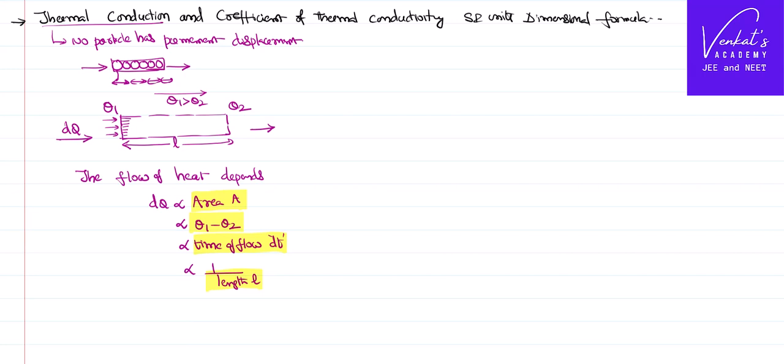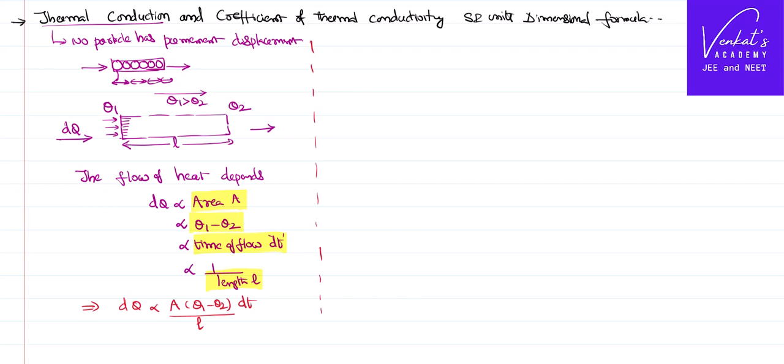Combining all of them, dq is directly proportional to area, temperature difference, time of flow, and inversely proportional to length. dq is the amount of heat that flows from one place to another.